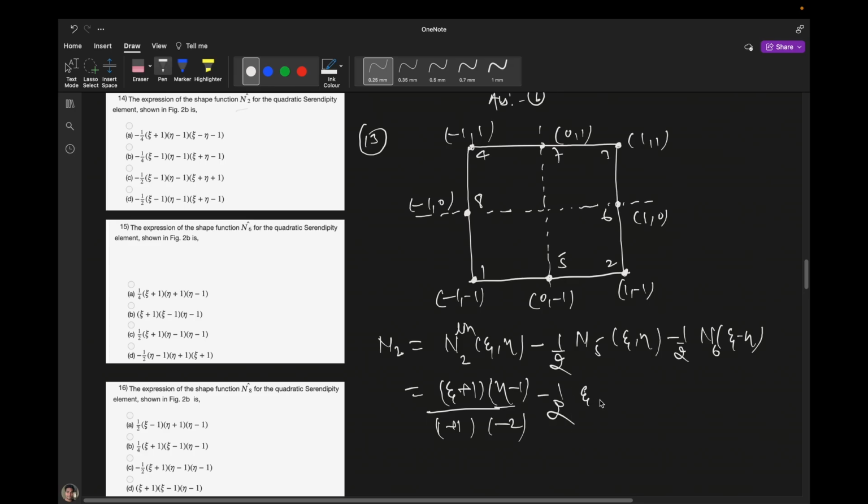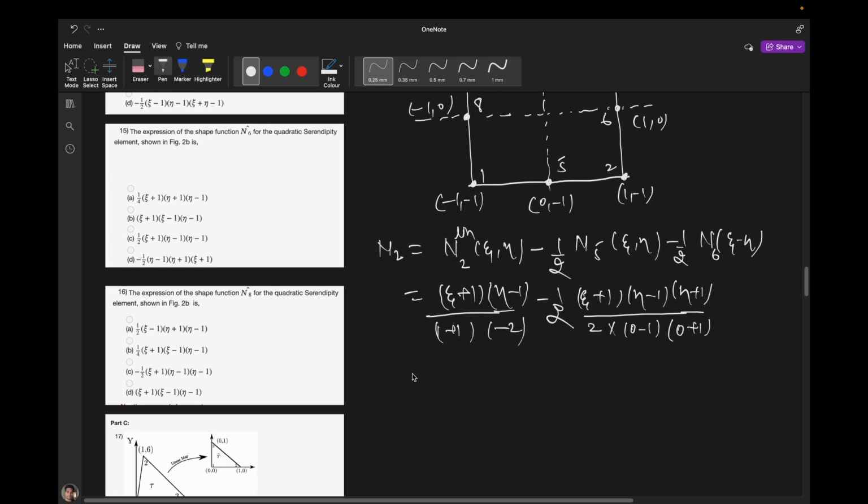That will be xi plus 1, eta -1, eta plus 1 divided by 2 times 0 minus 1 and 0 plus 1.